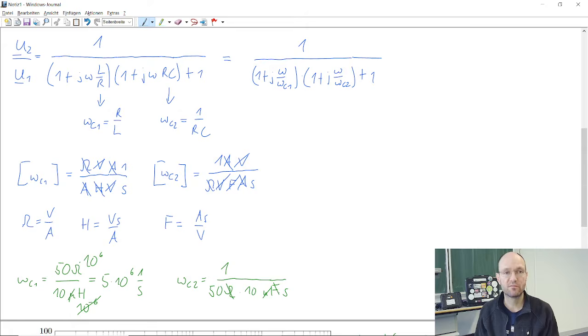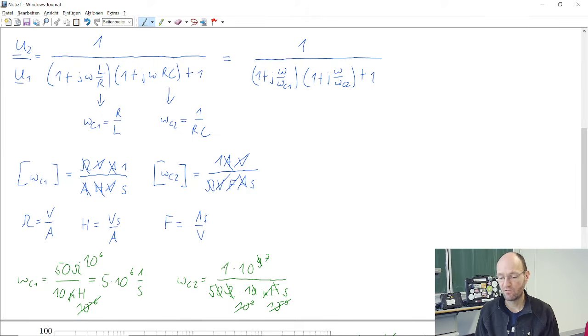Nano means 10 to the power of minus 9, which I can also write as 10 to the power of plus 9 above the fraction bar. 50 times 10 is 500, so I could write this as 5 times 10 to the power of 2.